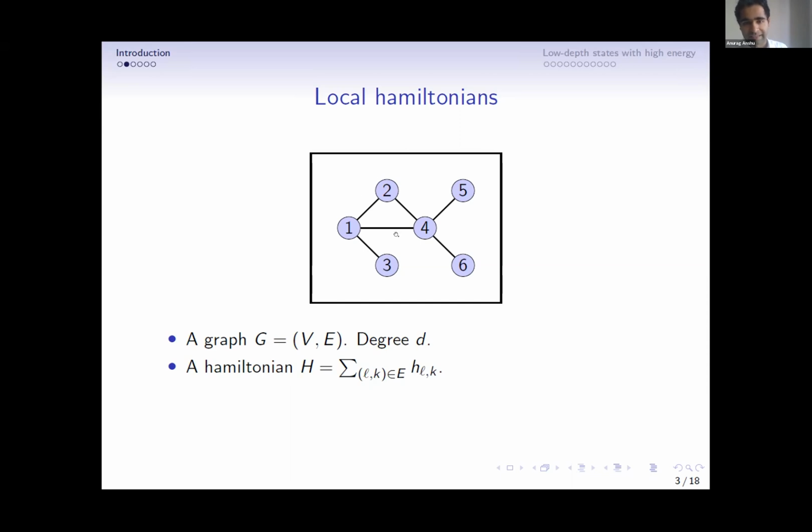So LK is an edge here. The property which makes it a local Hamiltonian is that each of these Hermitian matrices H_LK only acts non-trivially on the qubits L and K. So for example, H_12 will be a certain matrix in the 4-dimensional vector space of qubits 1 and 2, and it will be an identity matrix everywhere else, as a tensor product of identity matrices.